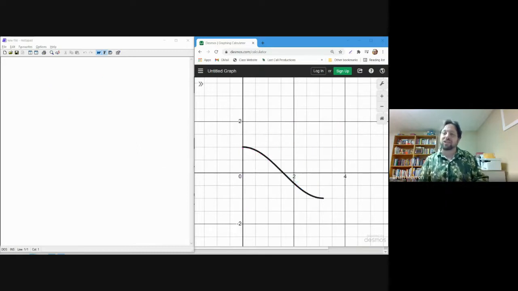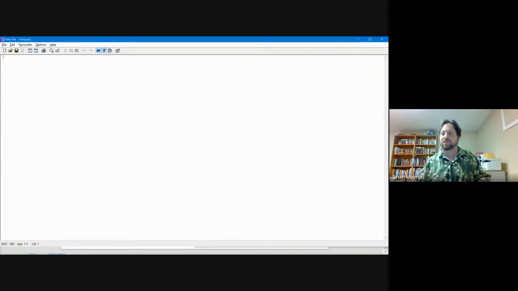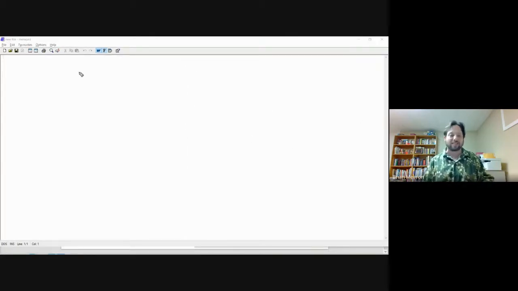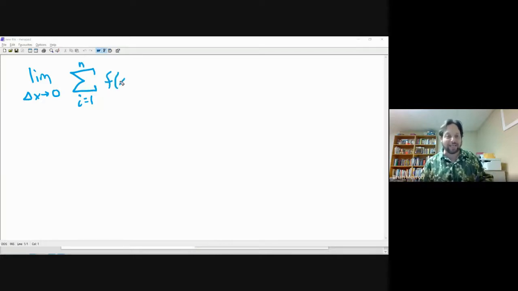All right, so just to recap, of course, we looked at Riemann sums is how we started this whole adventure. Just remember that with Riemann sums, we're looking at the limit as the width of each rectangle approaches 0. And how many rectangles are there? Well, we're starting at the first rectangle and going all the way to the nth rectangle. Each rectangle has a height of f of x sub i and a width of delta x.